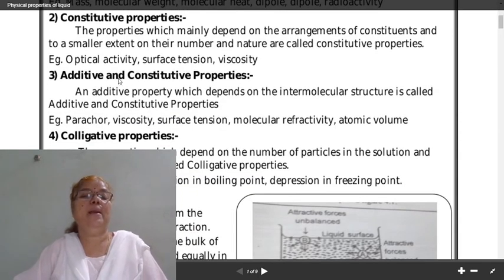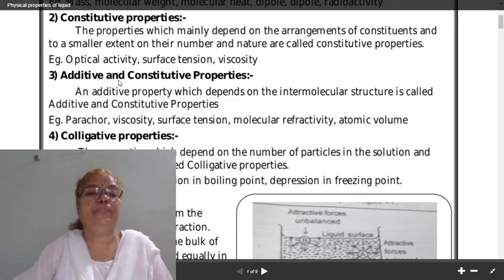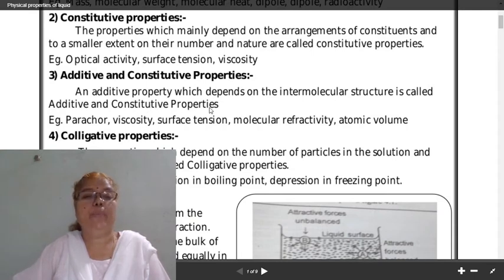Then the third class of physical property is additive and constitutive properties. Here, the additive property which depends on molecular structure is called additive and constitutive property. That means the additive character gets modified or changed due to constitution.